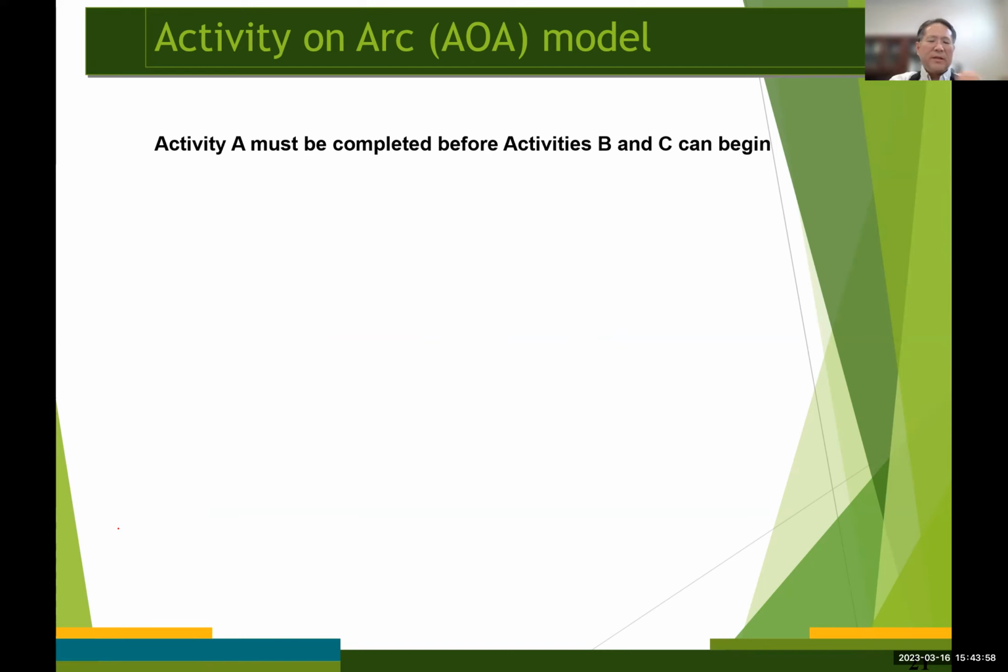Now, if activity A must be completed before activities B and C can begin, how do you express this relationship using an AOA network diagram? How about this? It shows that activity A is a predecessor of both activities B and C. Is that correct?